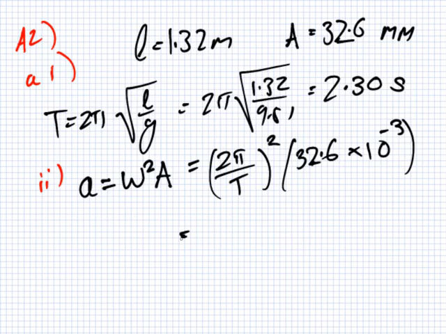Putting all of that in the calculator, 2 pi over 2.3 squared times that gives 0.242 meters per second squared.